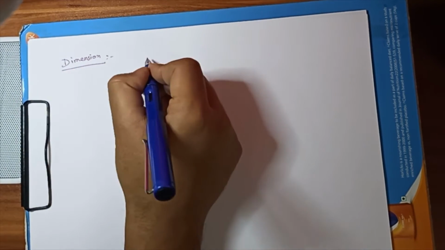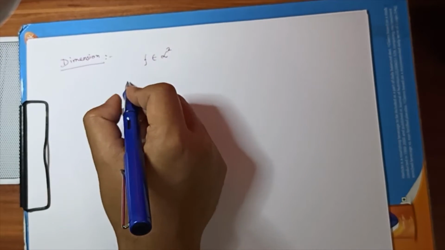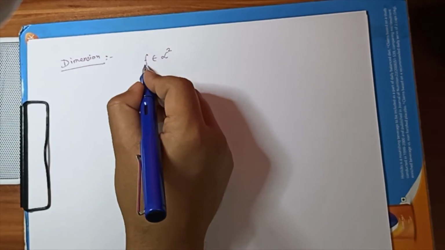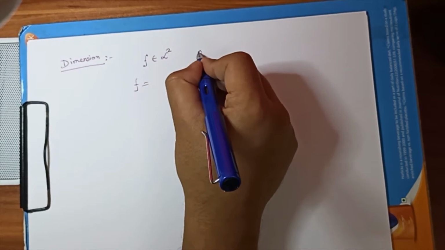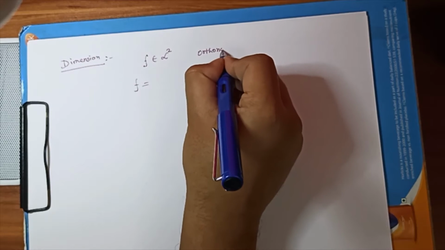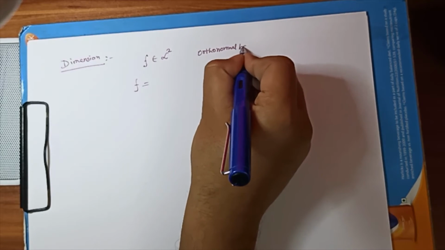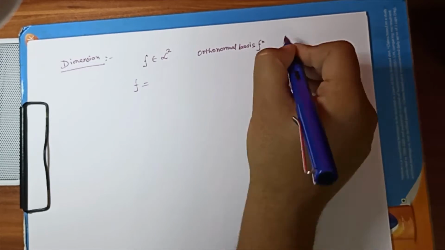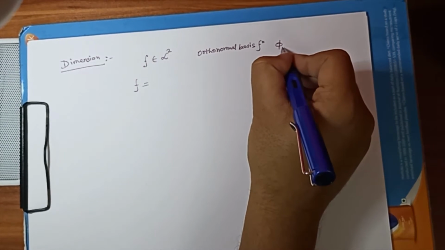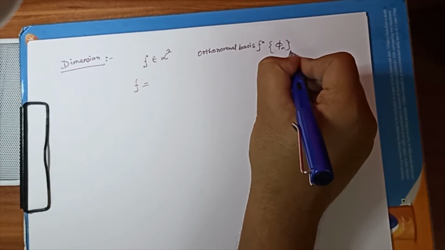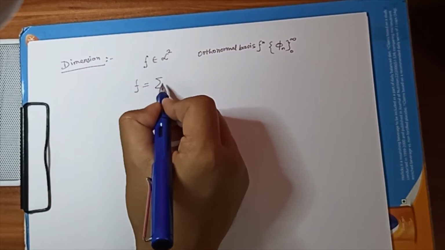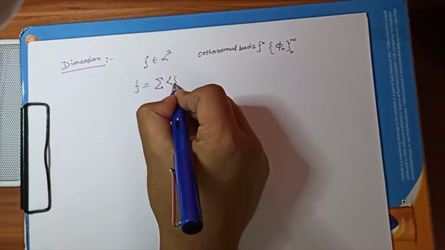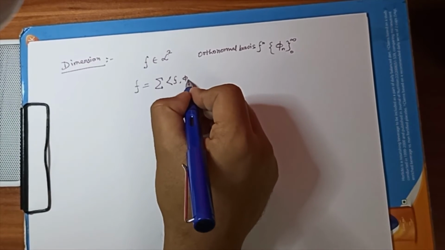Take any signal f in L2, then we know that if there exists some orthonormal basis function, say phi_n for n equal to 0 to infinity, then we can write that function in terms of a Fourier series.